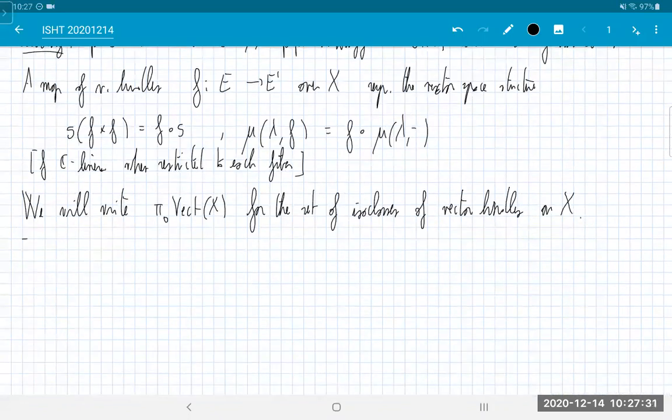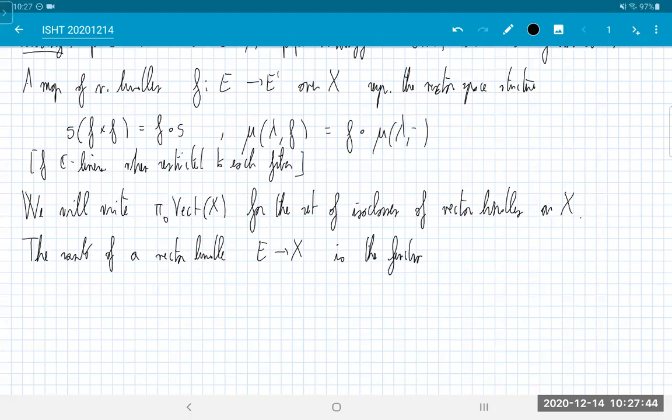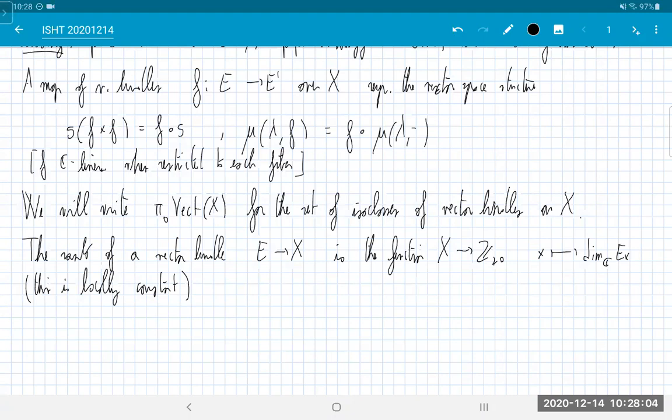More generally, the rank of a vector bundle E → X is the function that goes from X to the non-negative integers, sending x to the dimension over C of E_x. And in fact, this is locally constant, as is obvious from the definition of a vector bundle, because every point has a neighborhood where the isotype of the fiber is the same.